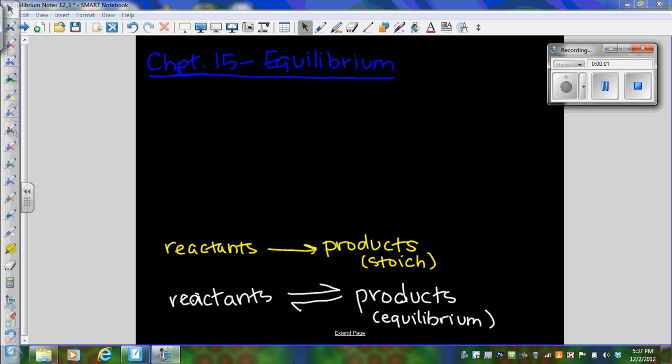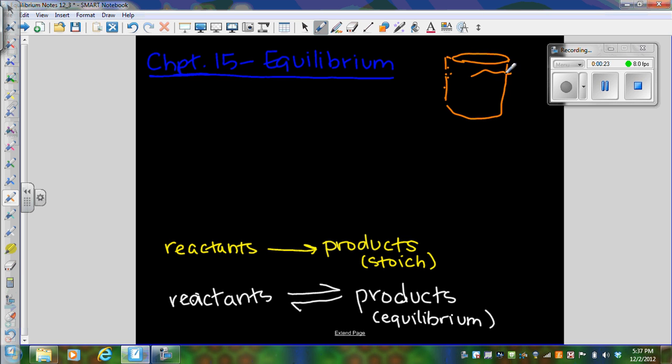All right, so we are going to start talking about equilibrium, which is chapter 15 in your textbook. And we've already talked about equilibrium a little bit. We mentioned it when we were talking about a saturated solution, and how in that saturated solution you had ions that would be dissolved in the solution, and then you also had some solid at the bottom.